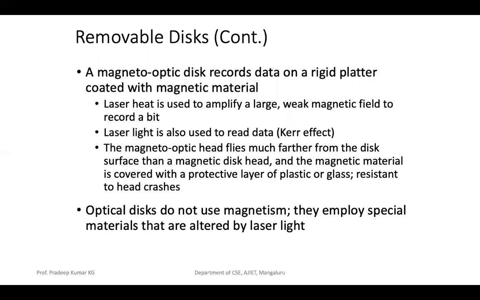If you observe mice in previous years, a mouse with a ball used that kind of setup. Later it eliminated that and used a laser beam or light, and then LEDs came up, LED mice.